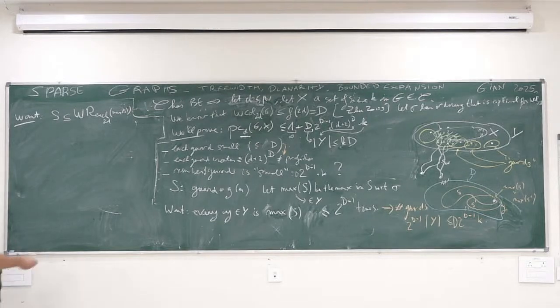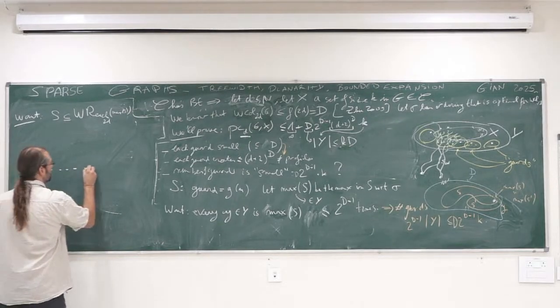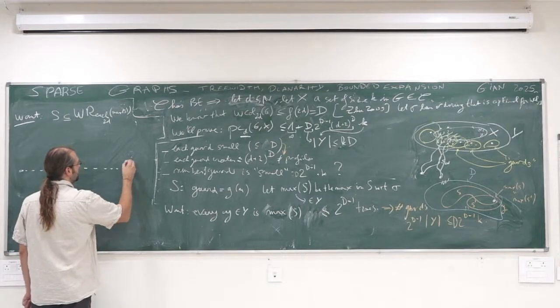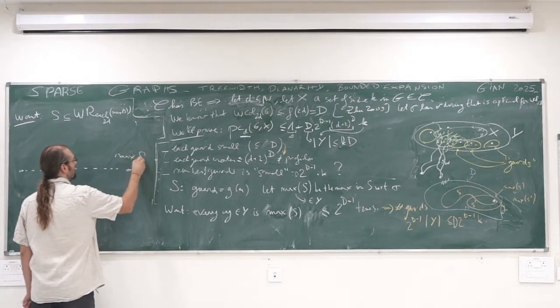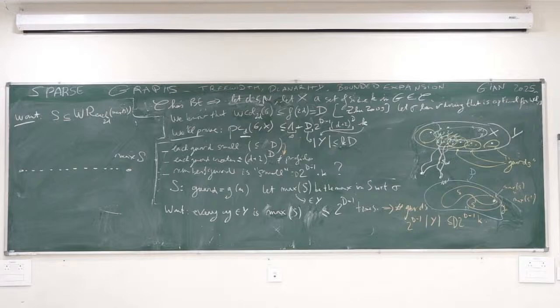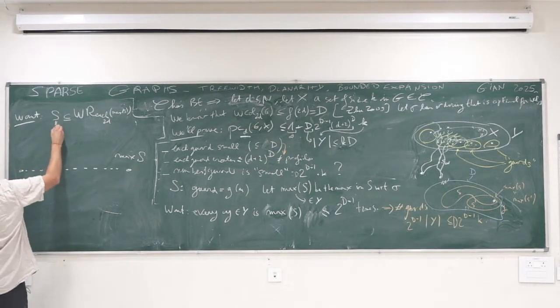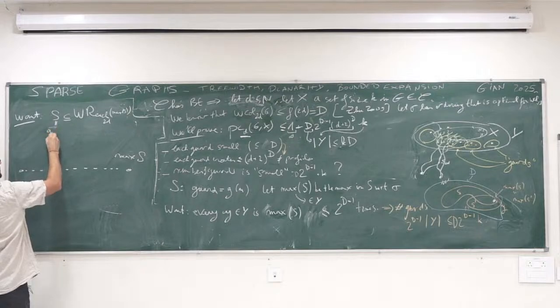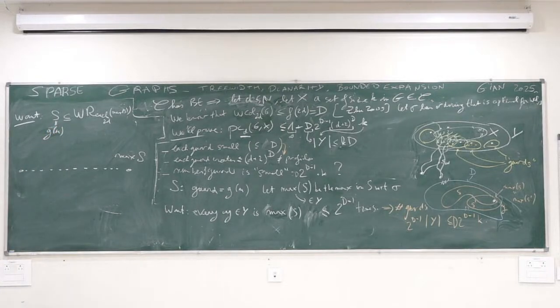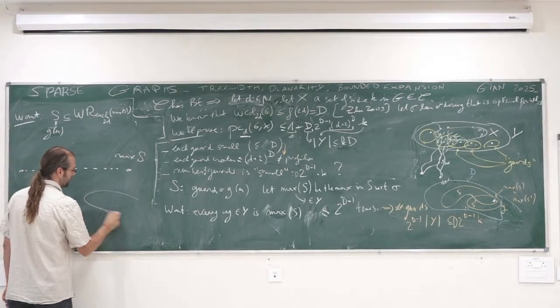So let's look at our ordering. This is my max of S. And how was this defined? You remember, max of S is some U, G of U, the guard of U. So it was actually looking like this.